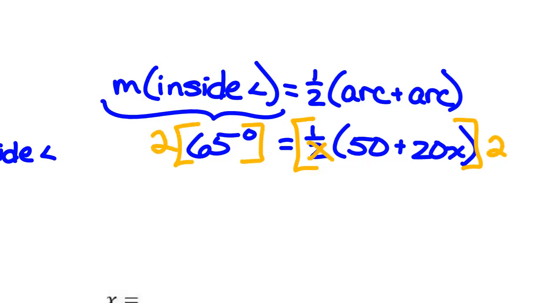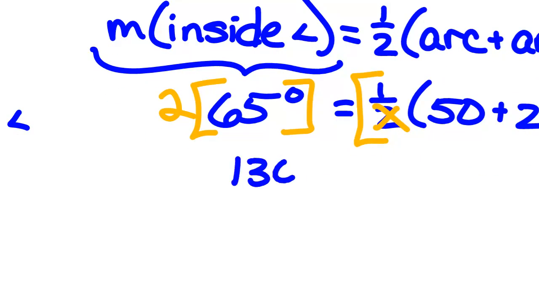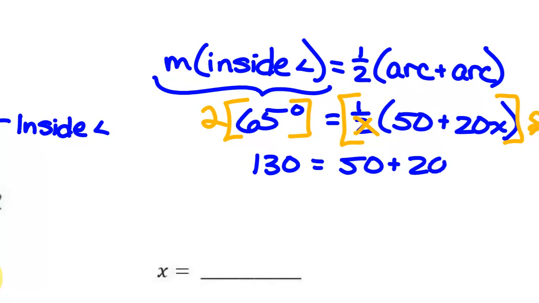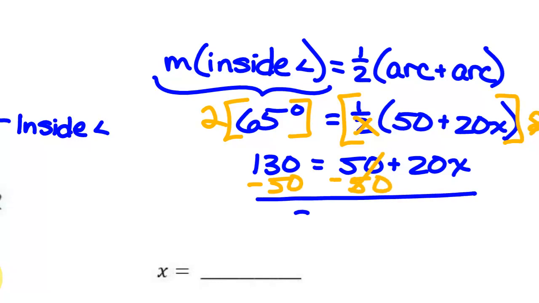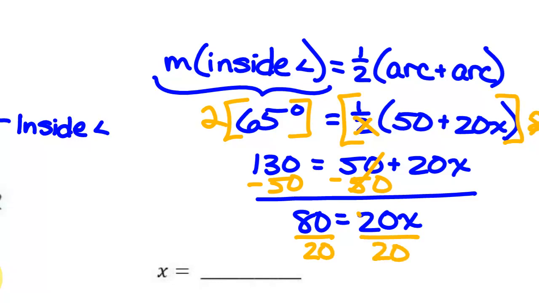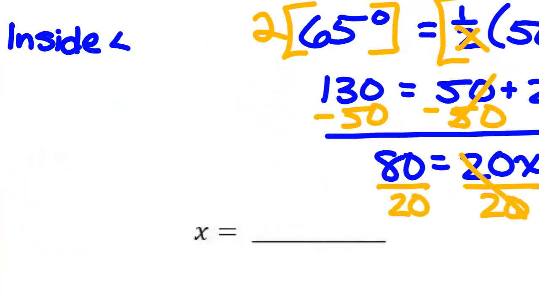It's going to cancel out that denominator there. What is 2 times 65? 130. So 130 equals 50 plus 20x. Then we're going to subtract 50 from both sides. What is 130 minus 50? 80. 80 equals 20x. And then we divide both sides by 20. And x is 4.